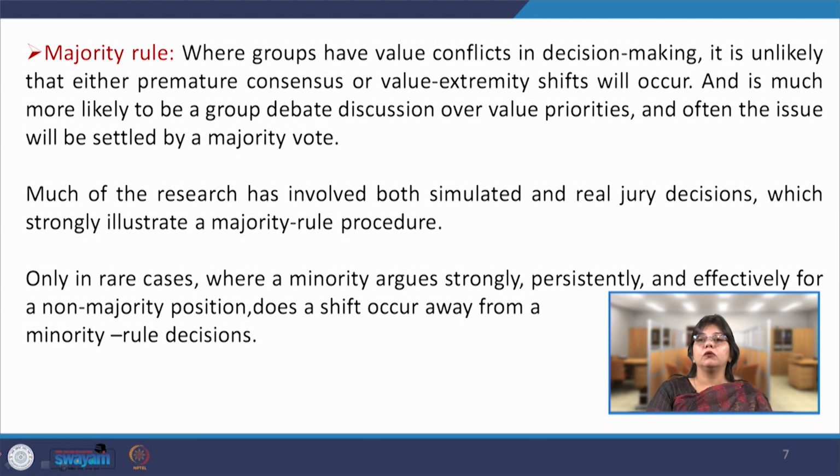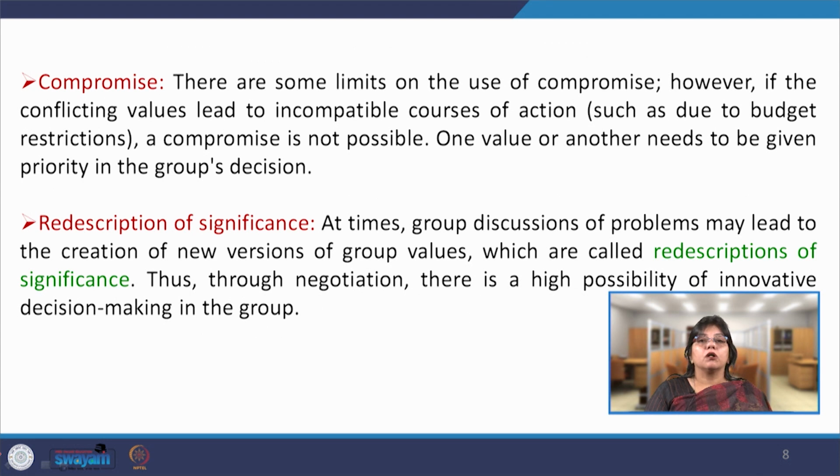This is another group value that involves the leader in decision making. The other is compromise. There are some limits on the use of compromise. However, if the conflicting values lead to incompatible courses of action, for example, budget restrictions, then compromise is not possible and one value or another needs to be given priority in the group decision. Every time compromise is not the solution.